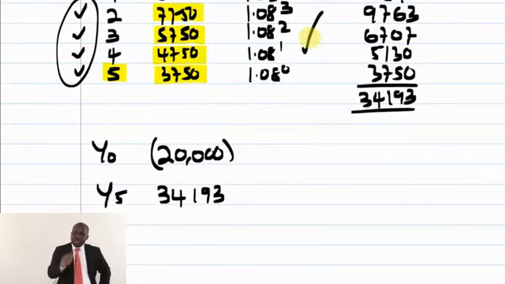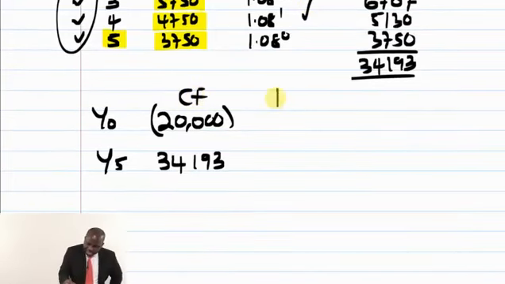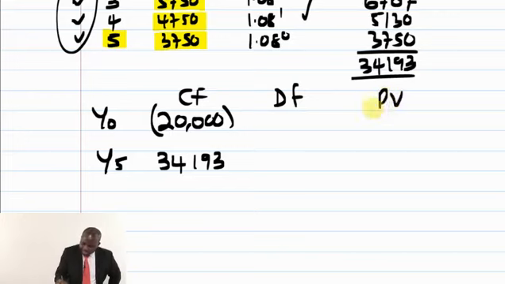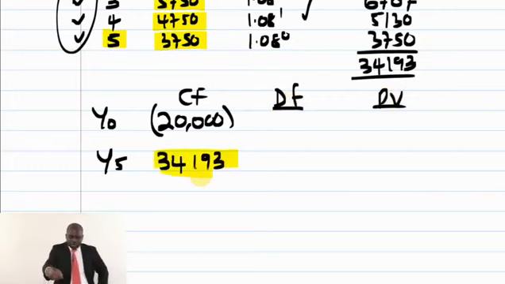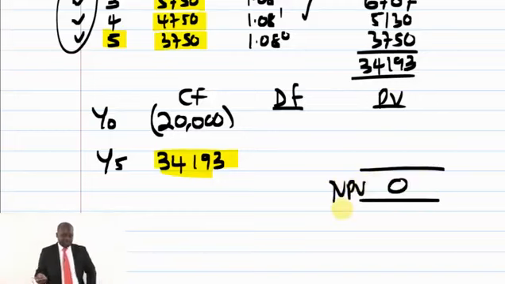When I finish, I will give you the shortcut and we will cancel the long way out. This is my cash flow. I need a discount factor to discount these cash flows, such that those cash flows were reinvested at the cost of capital, such that my NPV will be equal to 0, and that is the internal rate of return.